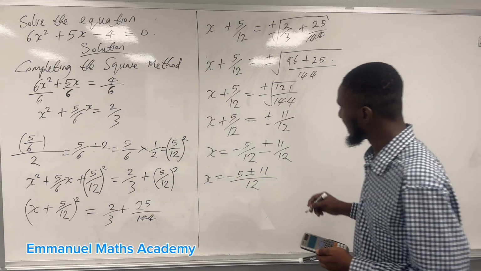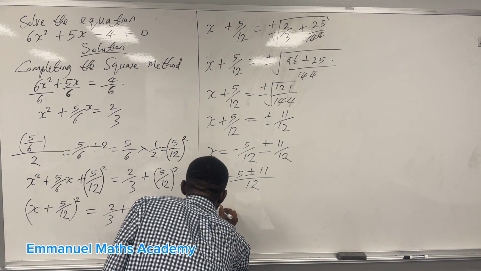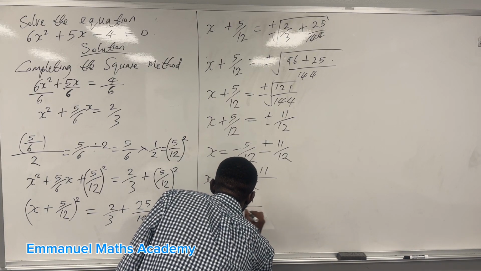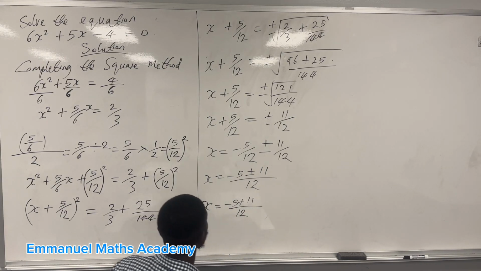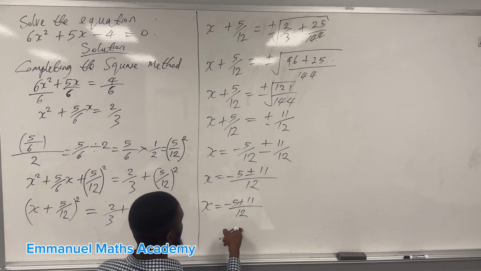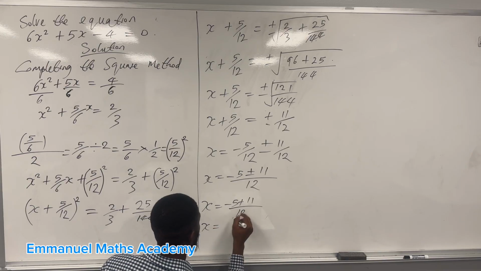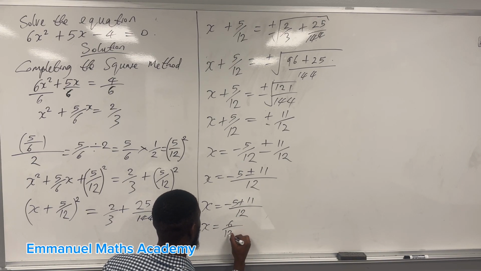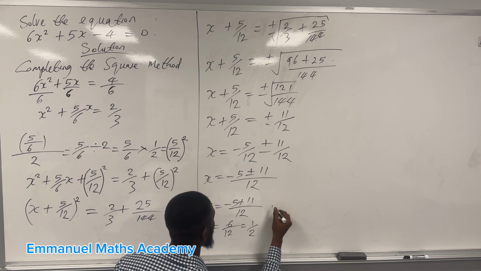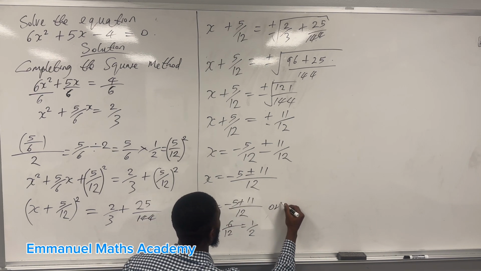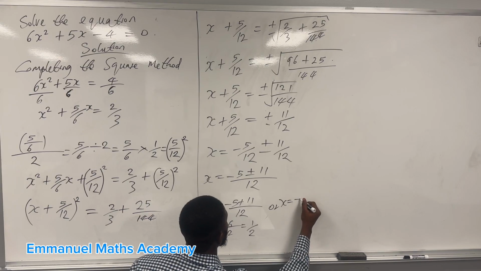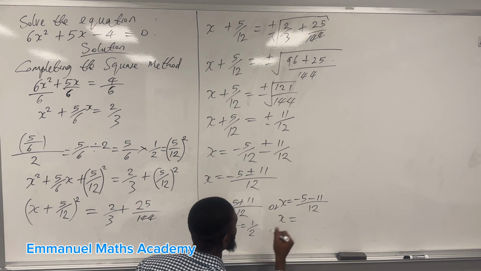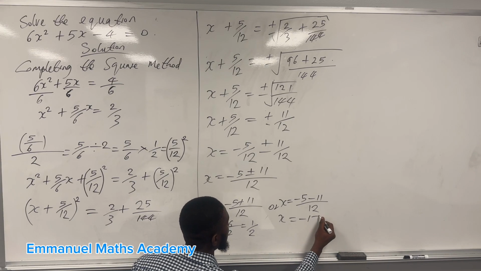Right? So from this, it's either x is equal to minus 5 plus 11 over 12, which will give you what? 11 minus 5 will give you 6. 6 over 12 will give you 1 over 2. Or x is equal to minus 5 minus 11 over 12. Minus 5 minus 11 will give you minus 17.